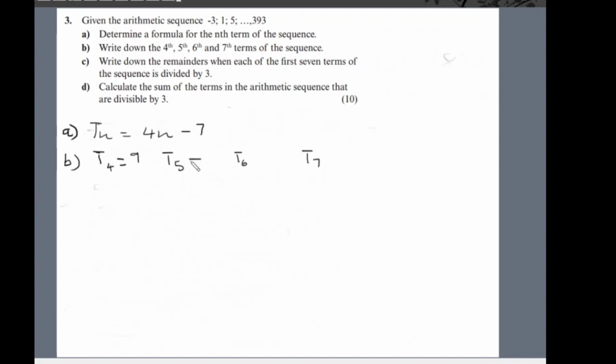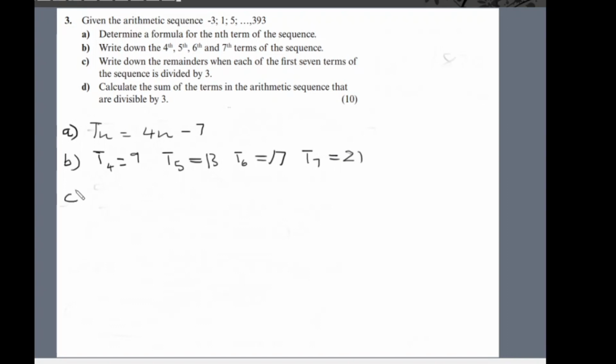And then T5 is 4 times 5 minus 7, which is 13. T6 is 4 times 6 minus 7, which is 17. And T7 is 4 times 7 minus 7, so that's 21, right?